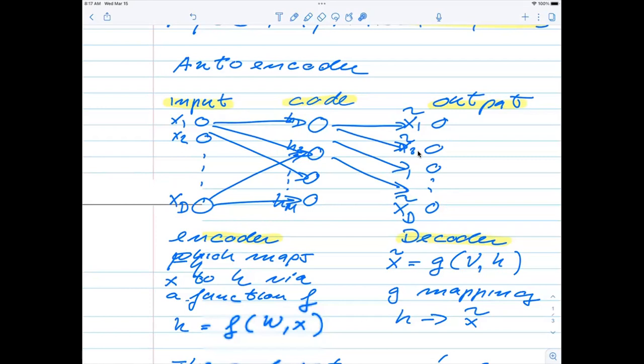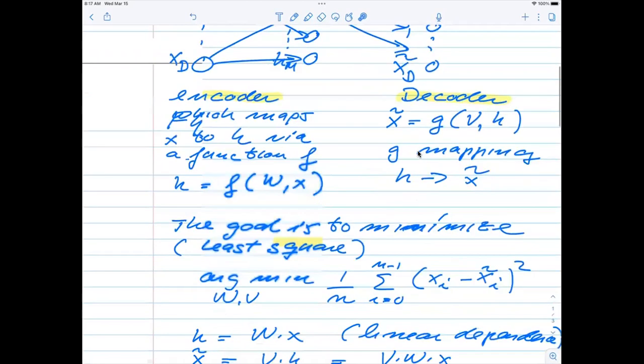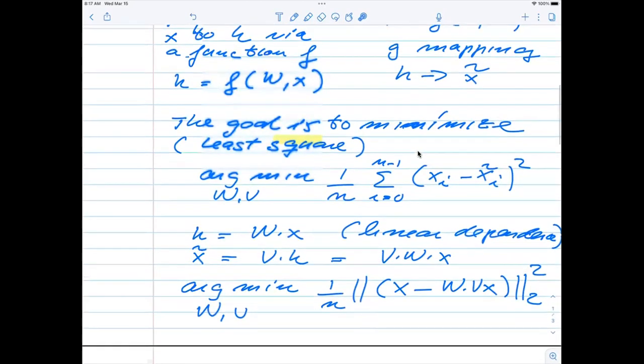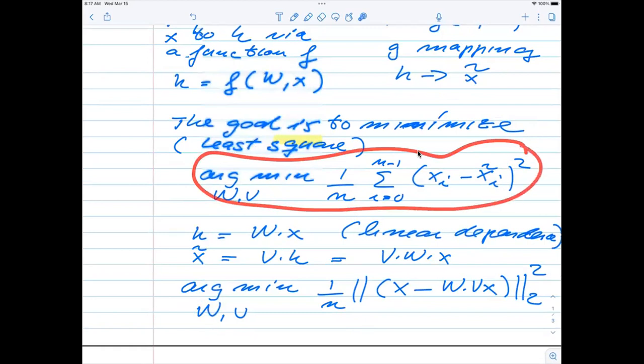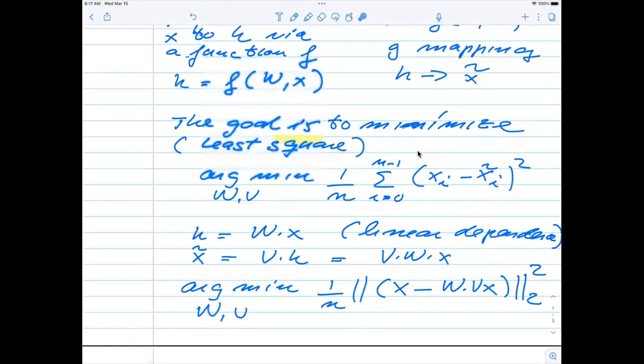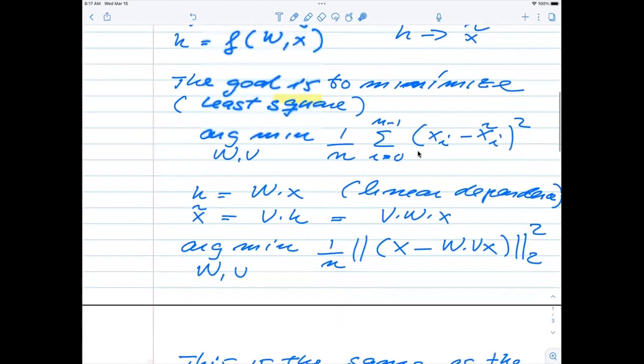It is an unsupervised method, so we don't need labeled data here. The learning process is simply described by minimizing a cost function. This is the function which we put up before the break, the least squares function, where, if we have a linear dependence in these functions, we end up with an optimization problem which looks like this.